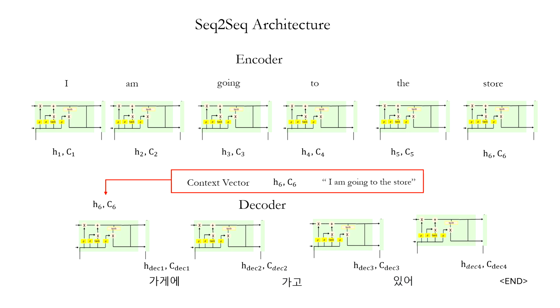So that solves the problem with the one-to-one matching. But Seq2Seq also has limitations. So the context vector is compressed into 512 numbers, right? Which I said earlier.